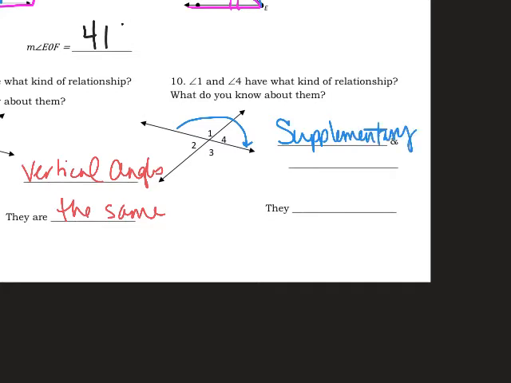Do you remember that word? It's a linear pair. These two are always tied in together because if they're a linear pair, automatically they have to be supplementary. And what does that mean? That means that they add up to 180 degrees. Good. All right, when you're ready, we'll go over to the back side.